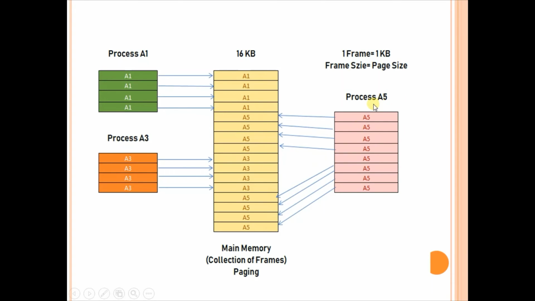So the A5 process has stored 4 KB in the space of A2 and 4 KB in the space of A4. By this we can store the process in different places in a non-contiguous fashion. Here it's 4 KB and the next 4 KB is there, so this is non-contiguous.